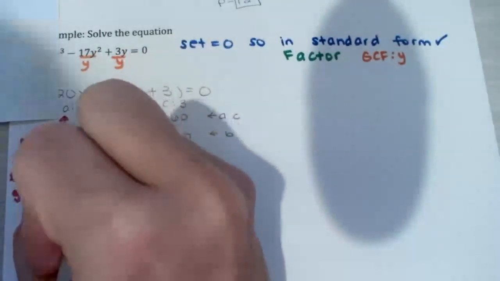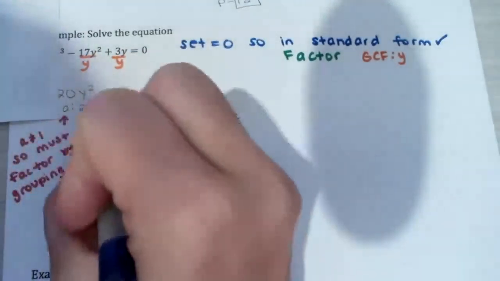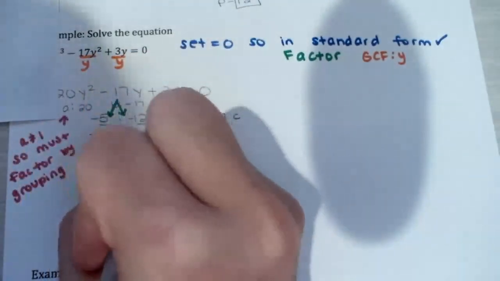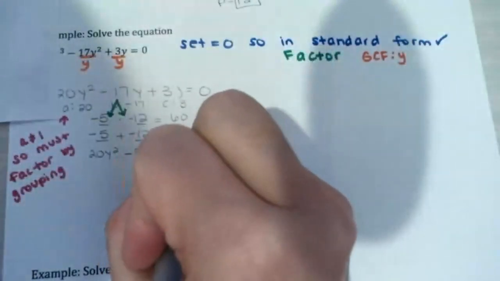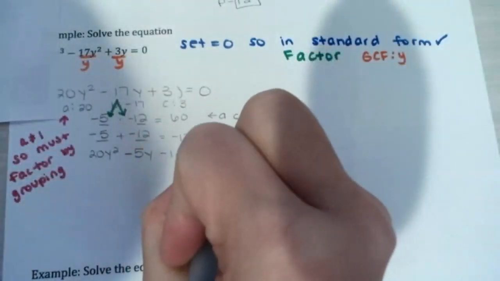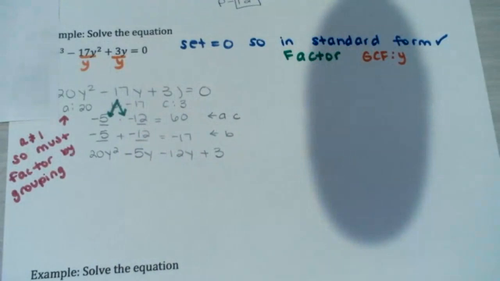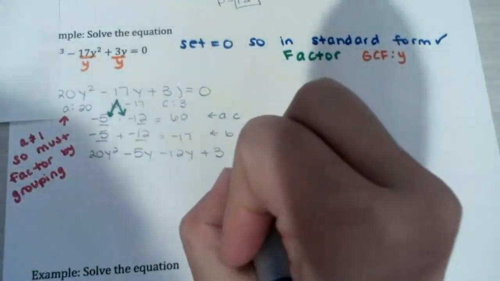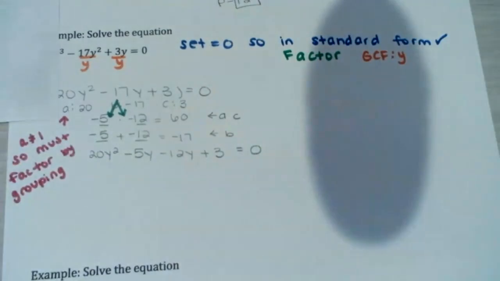So we have 20y squared, and instead of negative 17y, we write negative 5y minus 12y, plus 3. I'll say equals 0, just so that we don't forget to set it equal to 0. So now we have 4 terms.